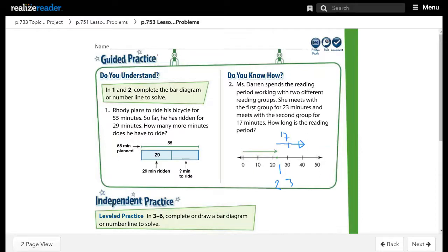So 23 plus 17: 3 plus 7 is 10, 0 here. We will regroup the 1. 1 plus 2 is 3, 3 plus 1 is 4. So the reading period is 40 minutes.